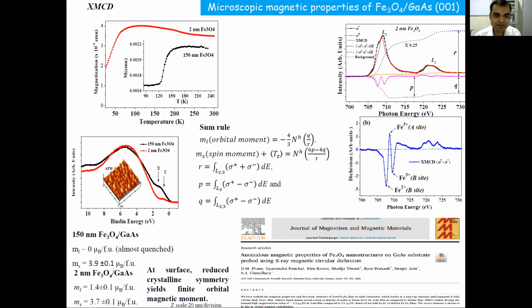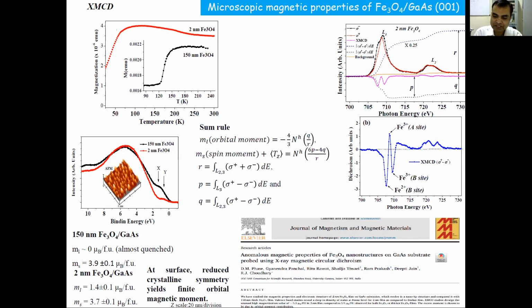So this 150 nanometer film was behaving like a normal Fe3O4, whereas the 2 nanometer Fe3O4 film had a huge contribution coming from the orbital magnetic moment, which is generally quenched because of orbital quenching. Orbital quenching arises because of the strong crystal field present in the system.